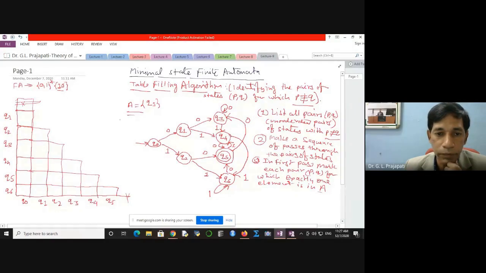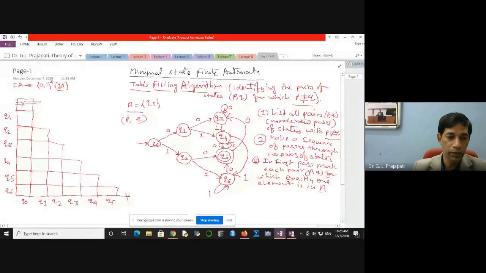So we have pairs like P and Q. Like Q0, Q6: we need to decide on the final state, and Q6 is not a final state, so we cannot mark. Q1 and Q6 we also cannot mark, because Q1 is not a final state and Q6 also is not.